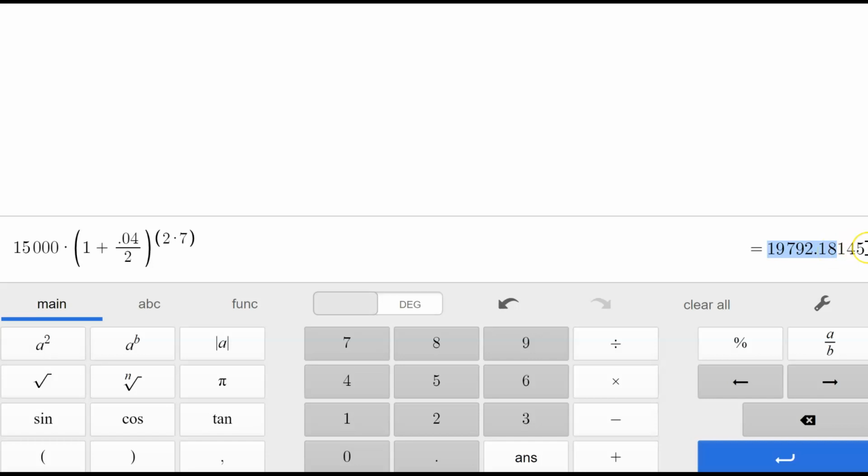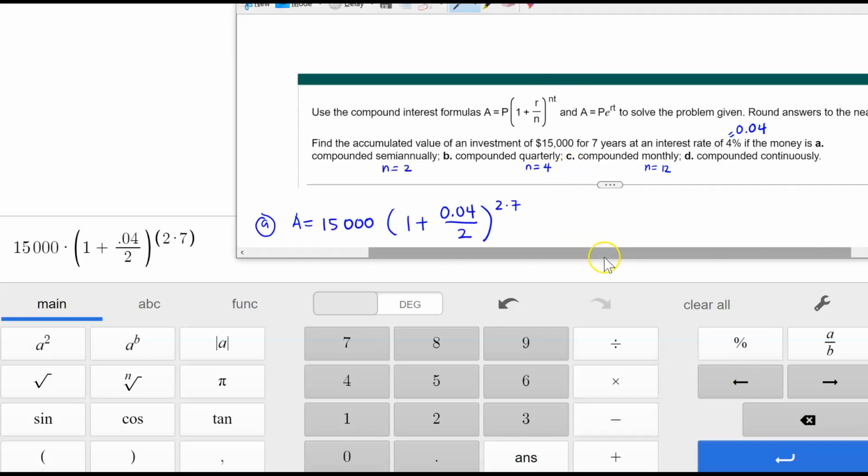If not, you just drop that number. In this case, since this is 1 and that's less than 5, we just drop the remaining numbers. So the highlighted number is the number that you're going to input for letter A. So that's 19,792.18.